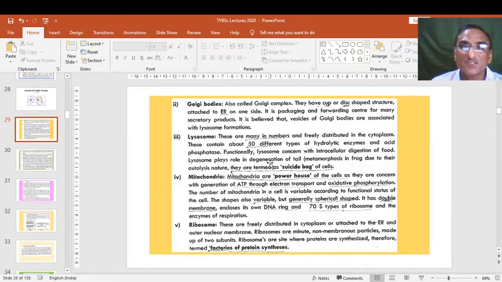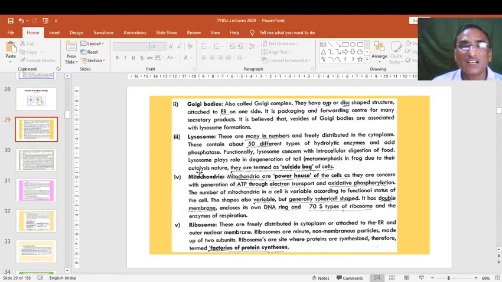Functionally, lysosomes are concerned with intracellular digestion of food. Lysosomes play a key role in degeneration of the tail during metamorphosis in frog.